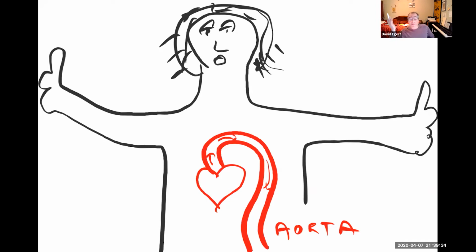One of the things that's a little annoying is it's asymmetrical. So you're going to have to remember that the right side of the body and the left side of the body gets supplied a little differently right off of the aorta. So there are three main vessels coming off of the aorta.